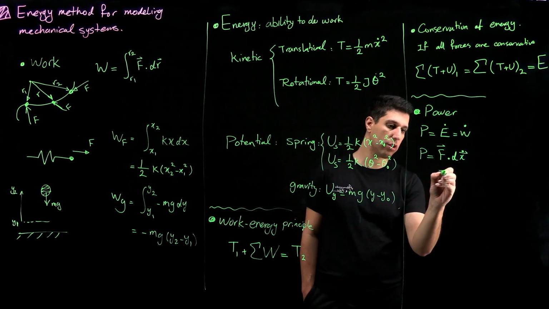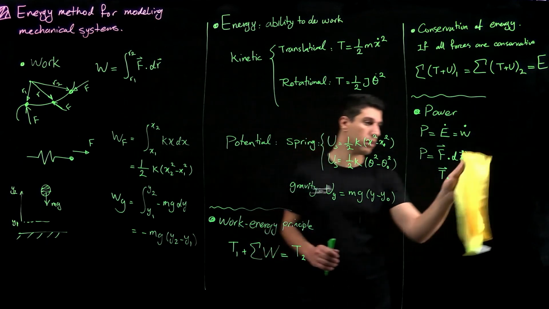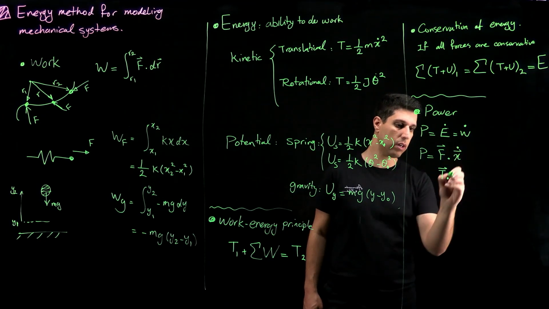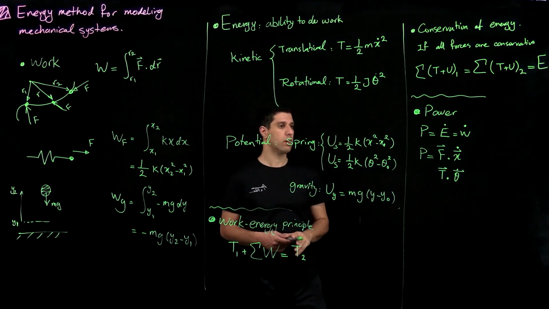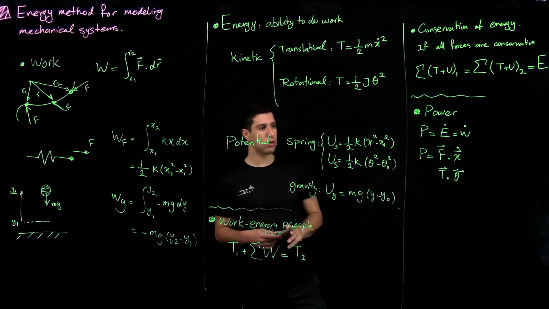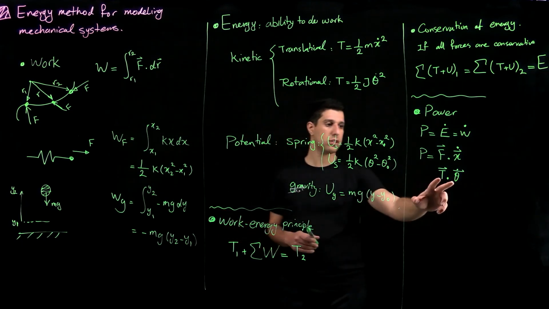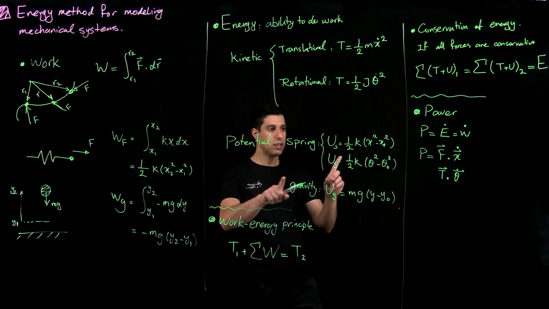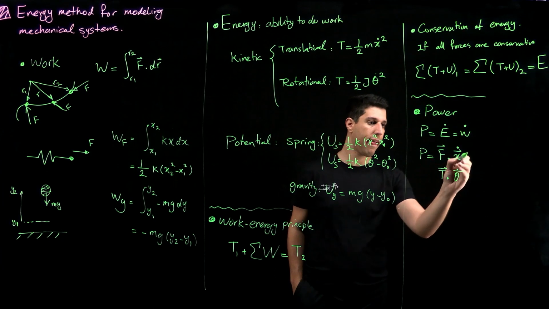Also in a rotational domain, you could have tau dot theta dot. Maybe the vector notation is a little redundant because we only work with rotation about a fixed axis, and these are always going to be along the same axis. But it also has the potential to compactly show whether they are in the same direction or the opposite direction. So that is power.